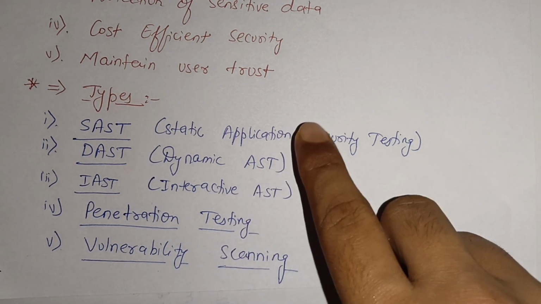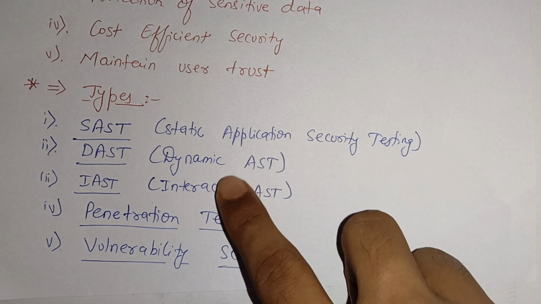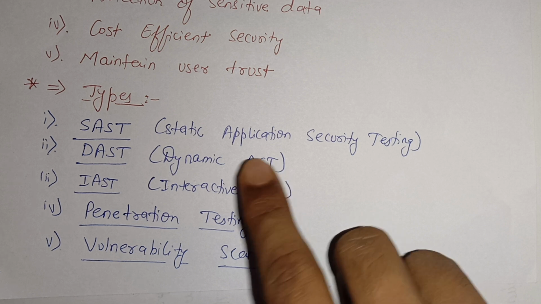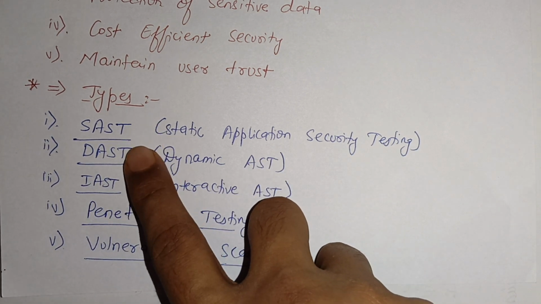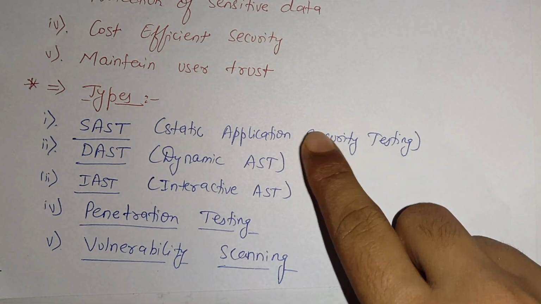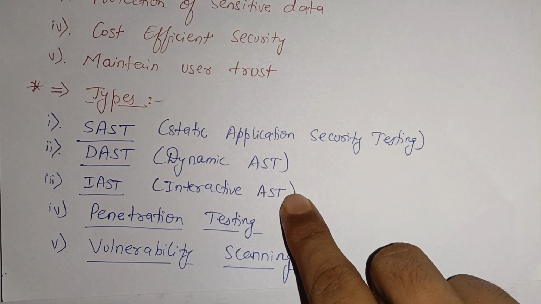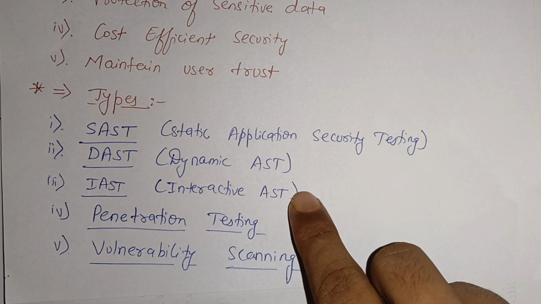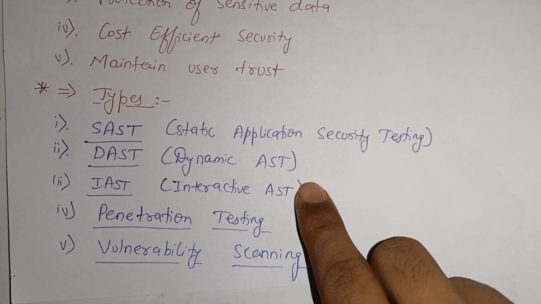It combines both SAST and DAST, means static application security testing and dynamic application security testing. Based on the mechanism of SAST and DAST, it checks while executing the application, and it checks the code. If there is any error or issue, then it rectifies it.